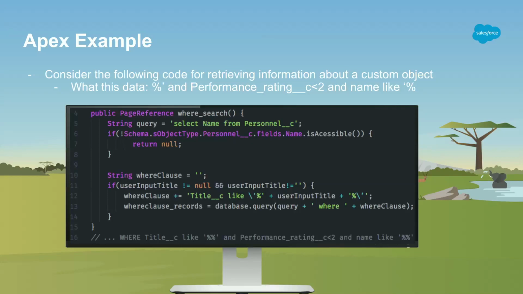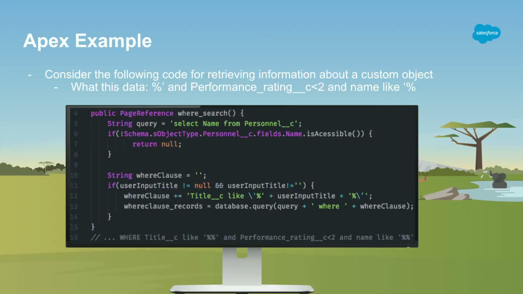Because we didn't actually do anything to limit that user input here, we could ultimately end up in a situation like you see on line 16. What if the user input wasn't actually looking for a title like manager or something like that? What if they expanded on that query and looked at another object in the system, performance rating, and wanted to pull back everyone who's not doing so well?